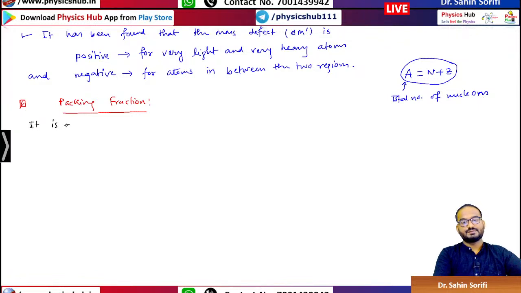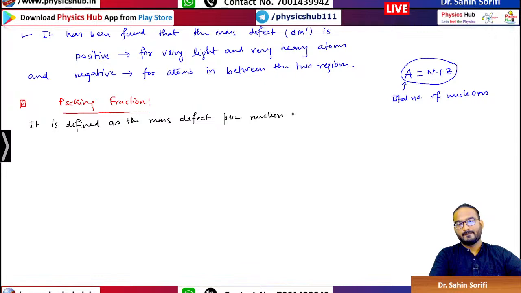So it is defined as the mass defect per nucleon in the nucleus.